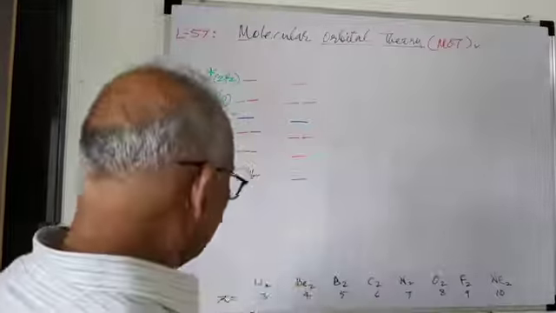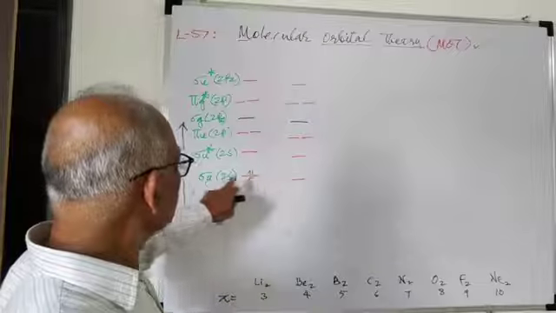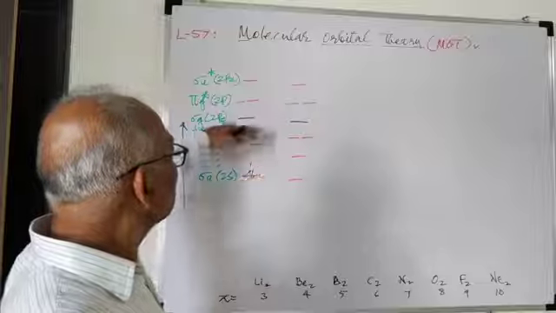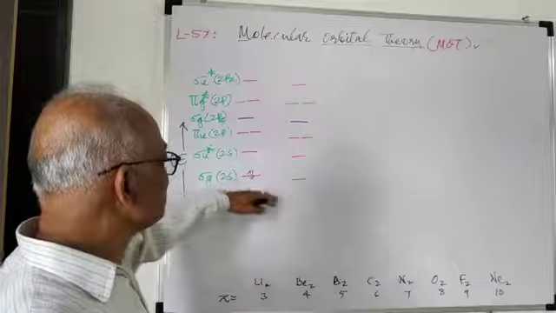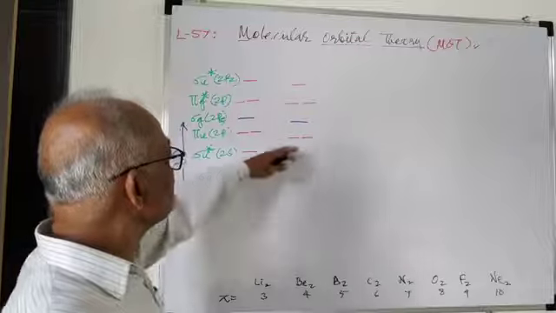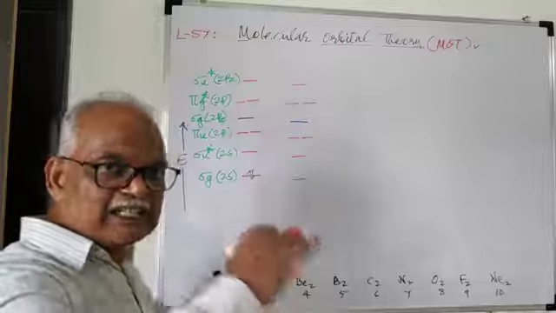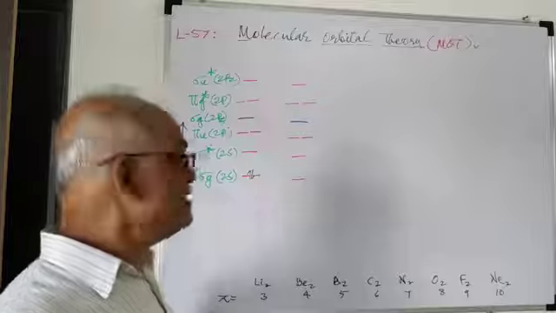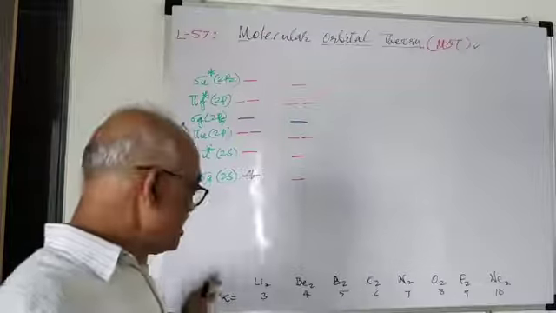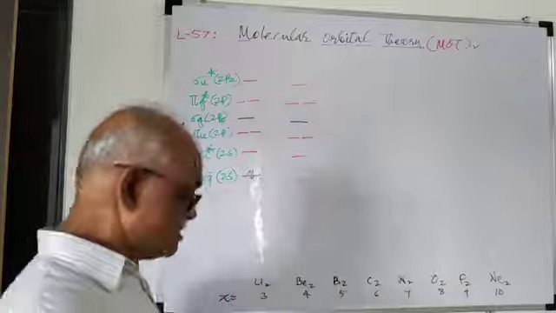If you compare the energy levels of these molecular orbitals and the energy levels of those molecular orbitals, you will find that these molecular orbitals are lying at a relatively lower energy level. This is because of the increase in nuclear charge as we move from lithium to neon.